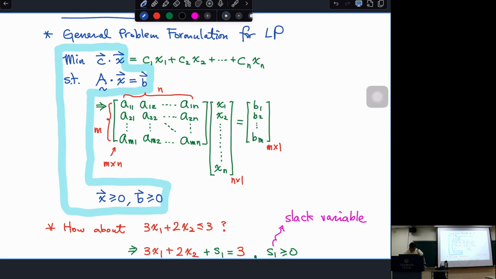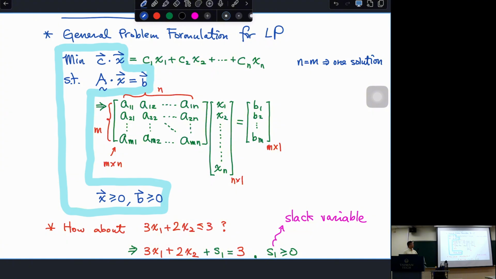So there's one case when n equals m. So these are linear equations. If you have n unknowns with m equations, that's exactly the right amount of unknowns and equations. So you can solve the linear equations to get the solution. So there is only one exact solution, if the solution exists.